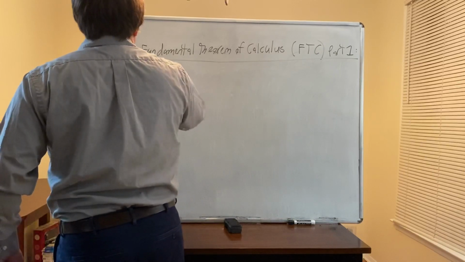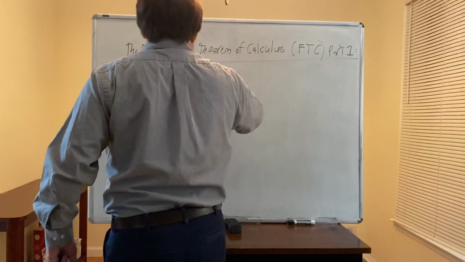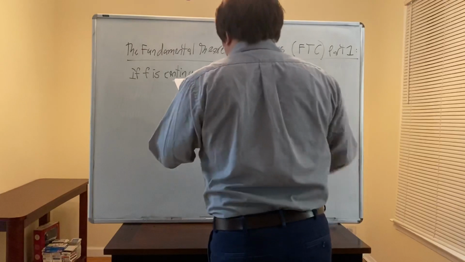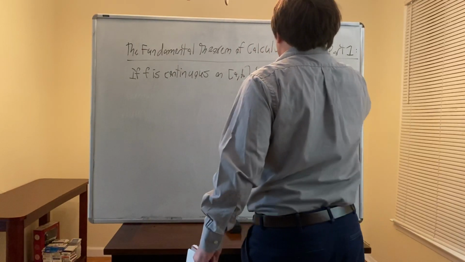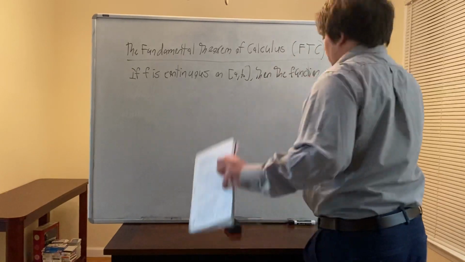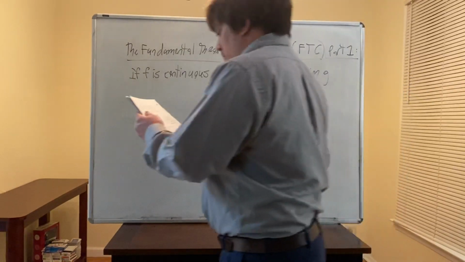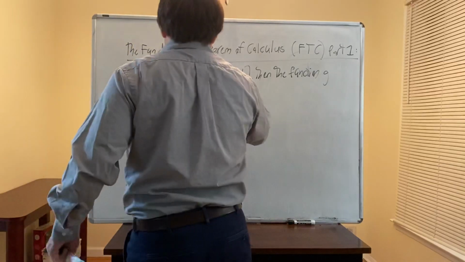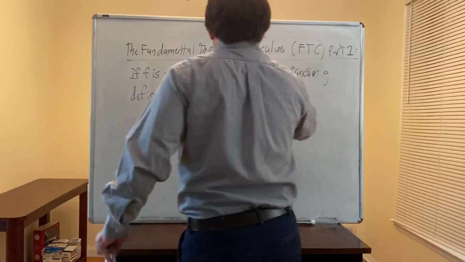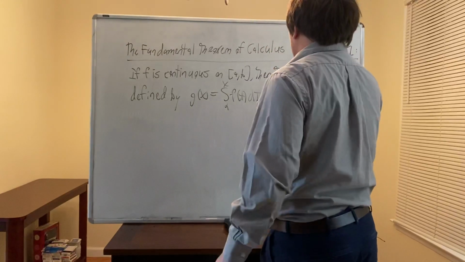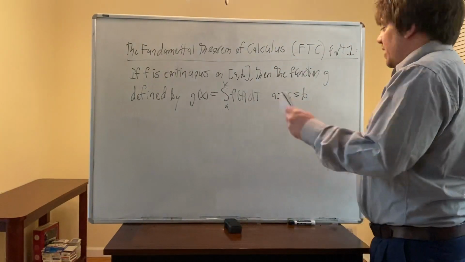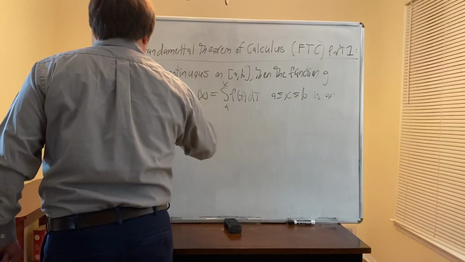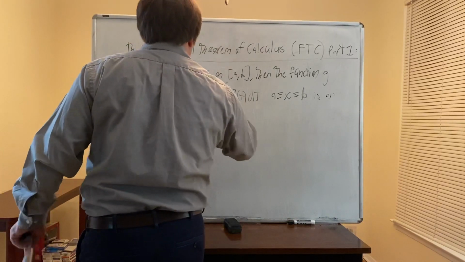Okay? So part 1 of the fundamental theorem of calculus. If f is continuous on the finite closed interval a comma b, then the function g defined by g of x is equal to the definite integral from a to x of f of t dt, a less than or equal to x less than or equal to b, is an antiderivative of f.